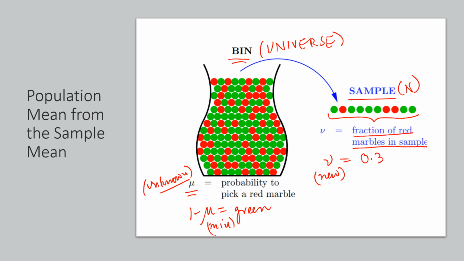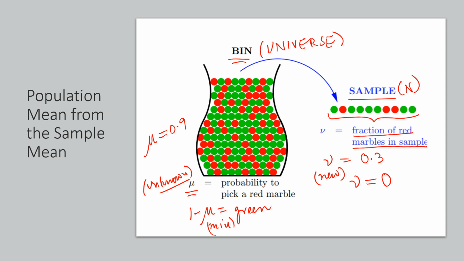Which tells me that it is totally possible that mu is high, which means the probability of having a red marble in there is really high, let's say 0.9, but I did not pick a single red one and I picked all the green ones. So essentially my nu came out to be 0. It's totally possible. Just by looking at the bin, I can tell that it is one of those situations that can come up.